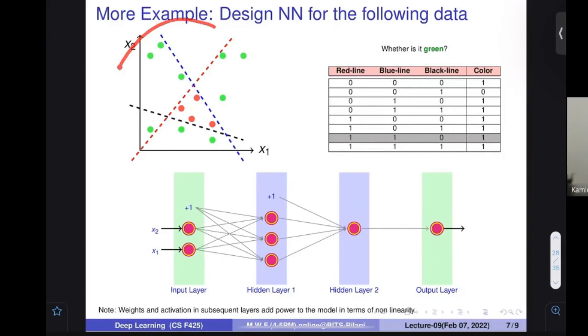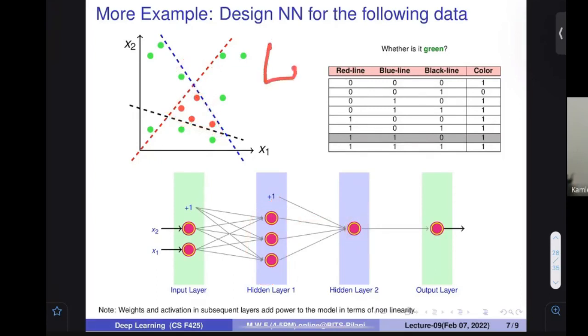Based on your data, you have understood that it looks like 3 lines are sufficient to bound my area. Therefore you put 3 perceptrons over here, and then you have put 1 over there, because you were thinking that this is going to be only one area.